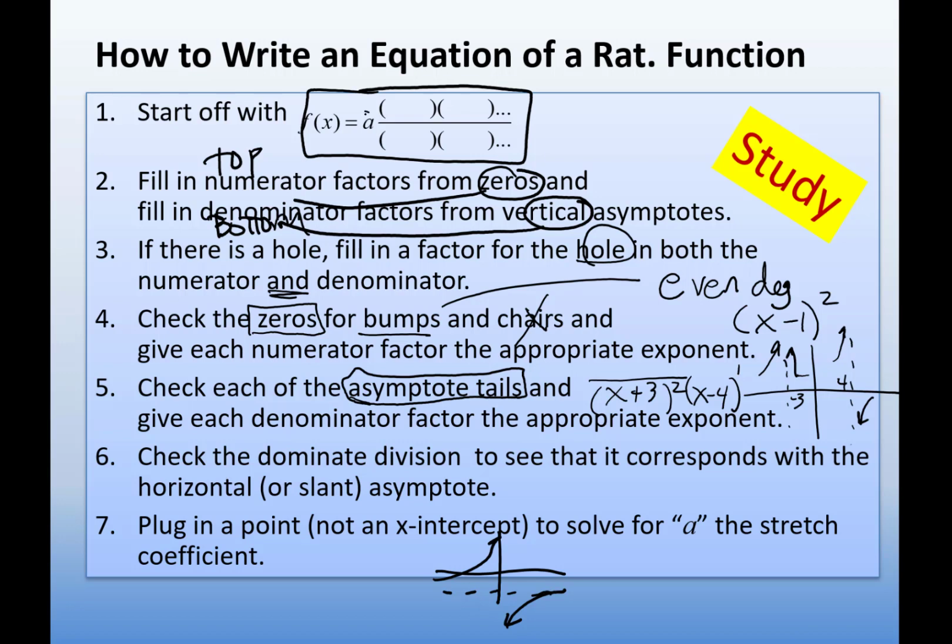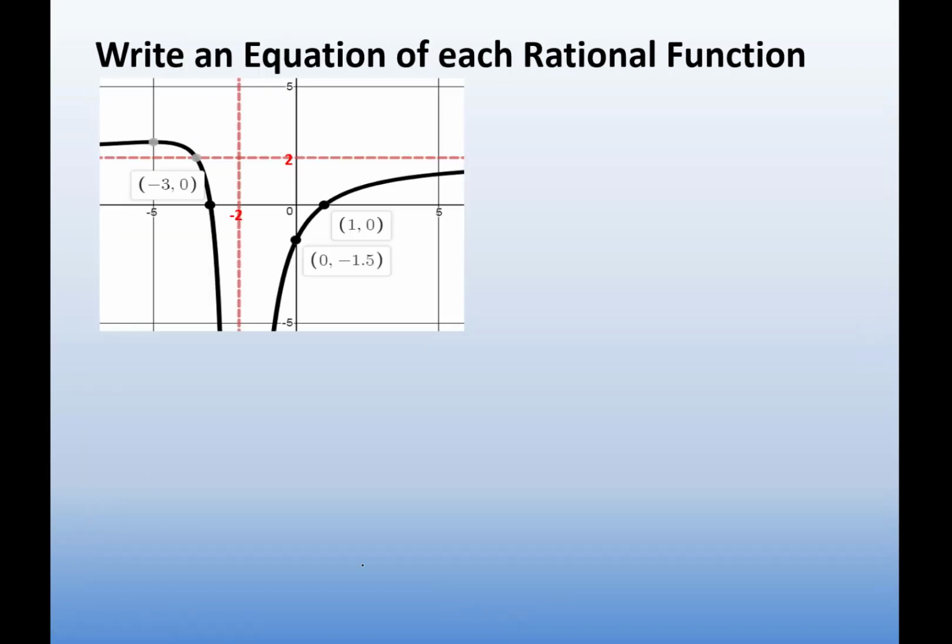The a number, we're going to have to find by plugging in a point that we haven't used. That's a quick overview of how you do this. So I'm going to do one example quickly.